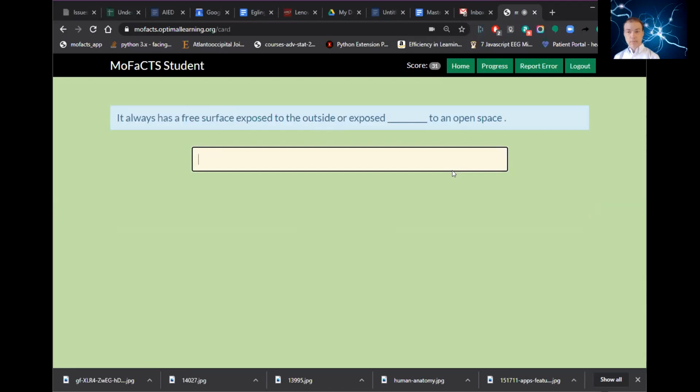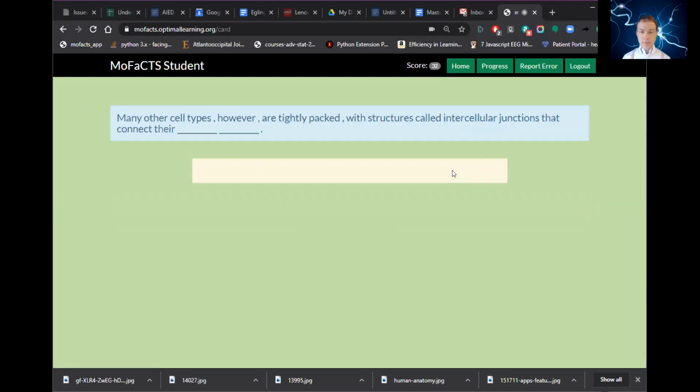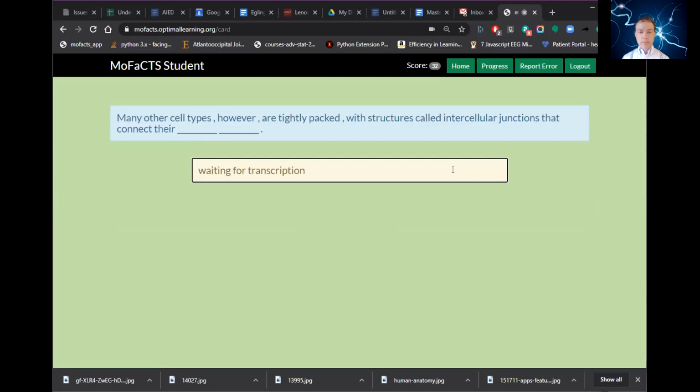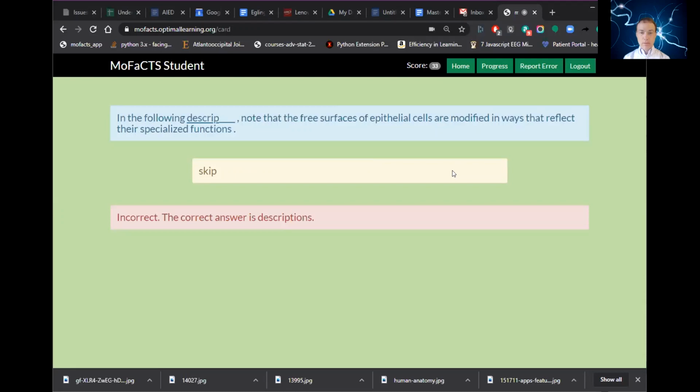Internally. Correct. Cell membranes. Correct. Description. Skip. Incorrect. The correct answer is dispersions.